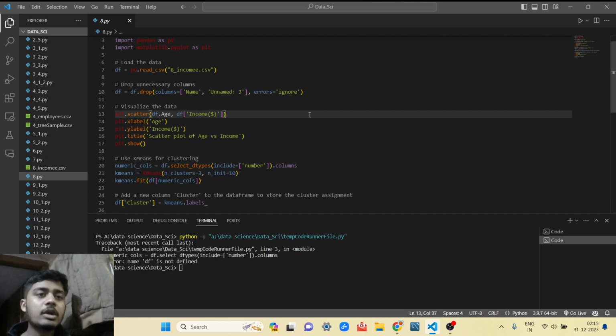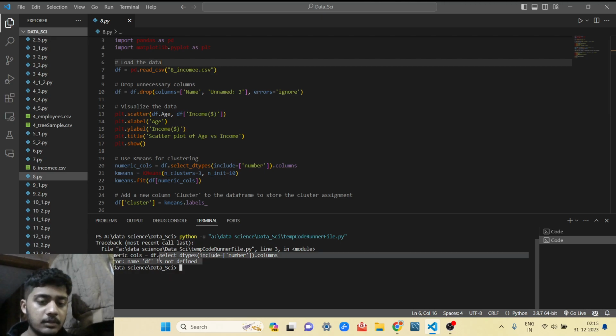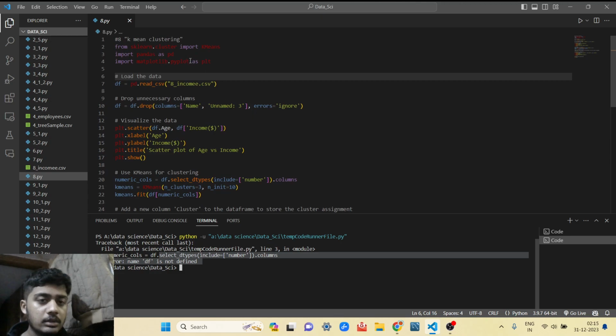Here some issue has occurred: df is not defined in line 3.